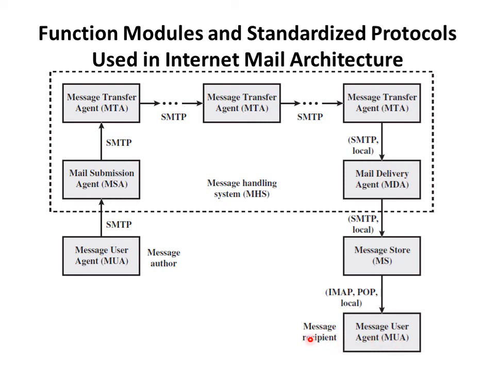There are also interoperability requirements between MUA and the MHS. First, when a message is posted from MUA to MHS and later when it is delivered from MHS to the MUA. Interoperability is also required among MTA components along the transfer path through the MHS. Here we are illustrating the key components of the Internet Mail Architecture.